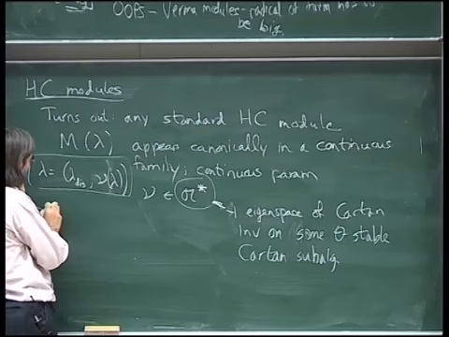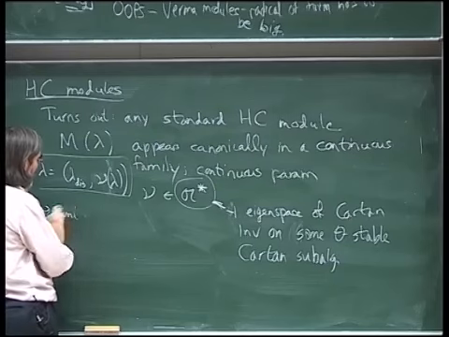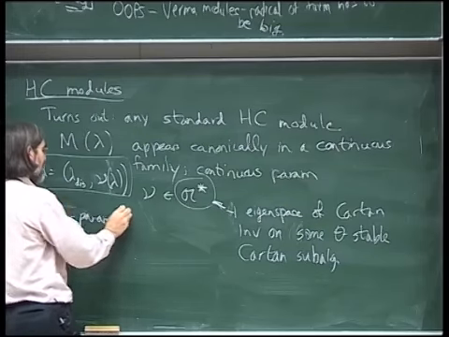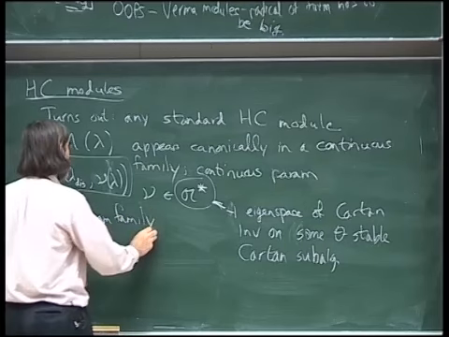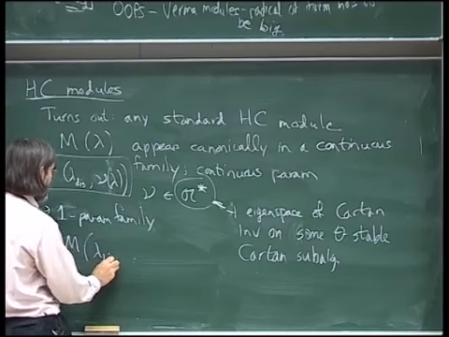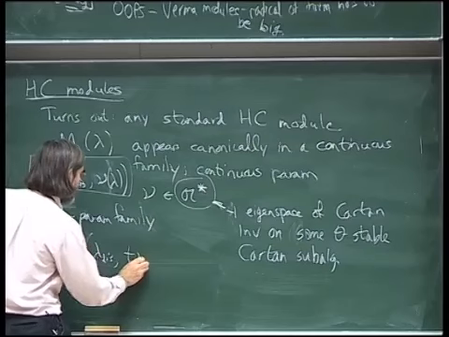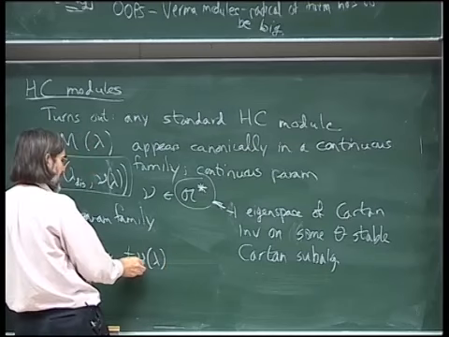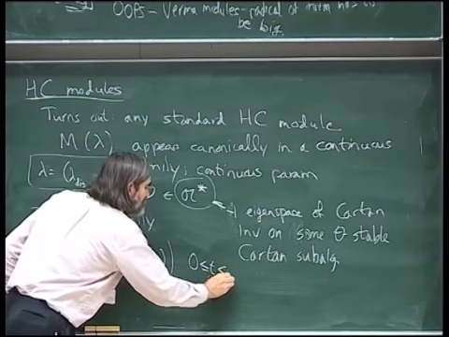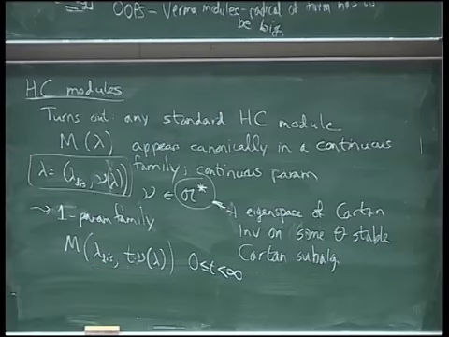At any rate, you get a one-parameter family, M of, well, I use the same discrete part and just scale this. That makes good sense.